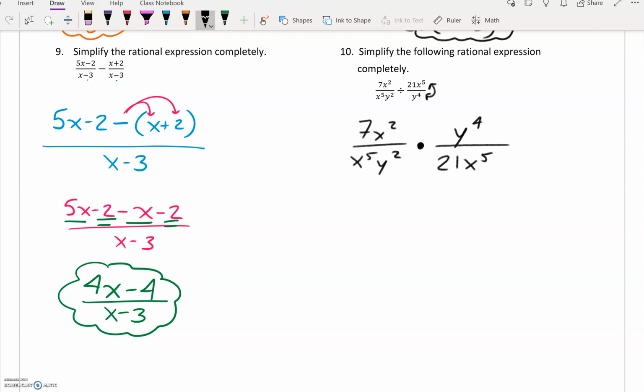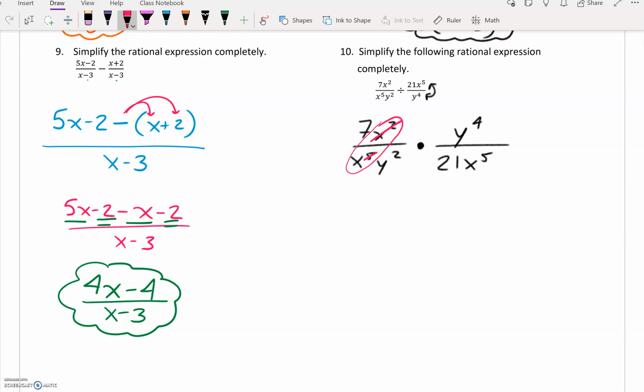Okay, and now that it's just a multiplication problem, I can find things that can simplify within each fraction as well as on the diagonal. So the first thing that I notice in this fraction is x squared divided by x to the 5th. I've got x times x on top and x on bottom, 5 of those. So 2 of those x's are going to simplify, become 1.